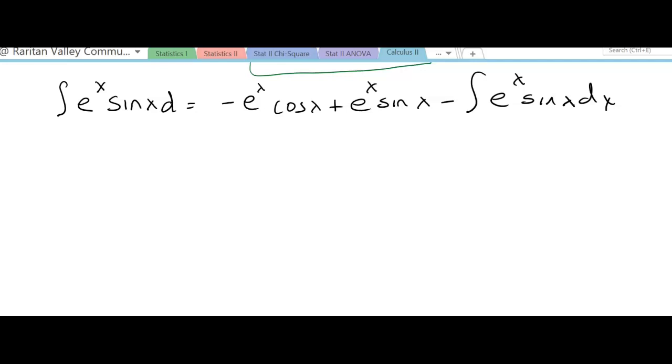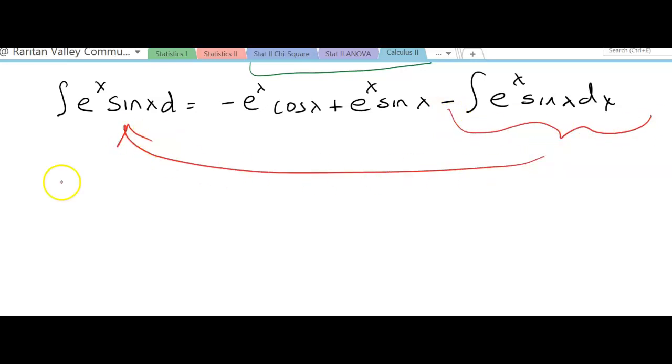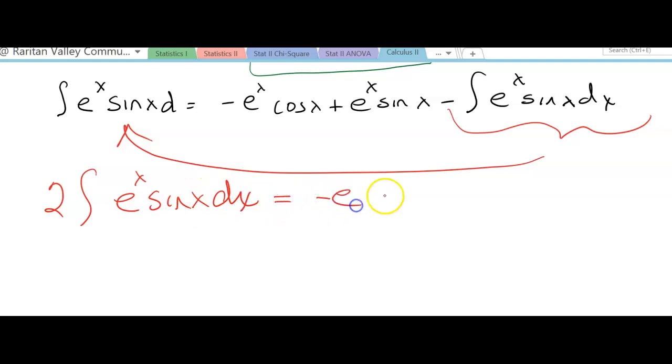So here's an idea. Take this and move it to the other side. Isn't that going to give me 2 times the integral of e to the x sine x dx equals negative e to the x cosine x plus e to the x sine x?